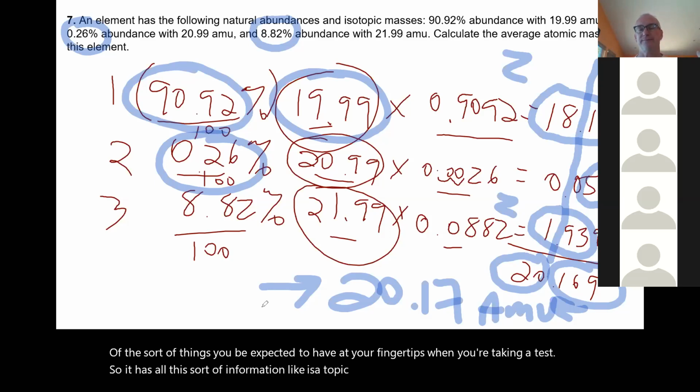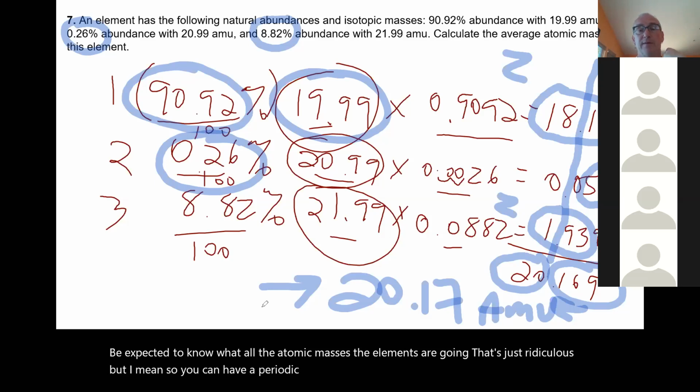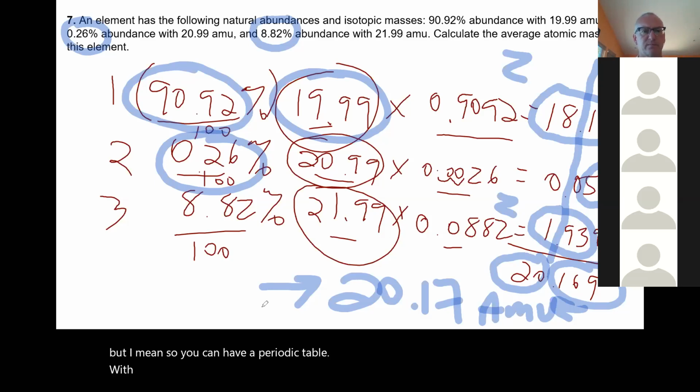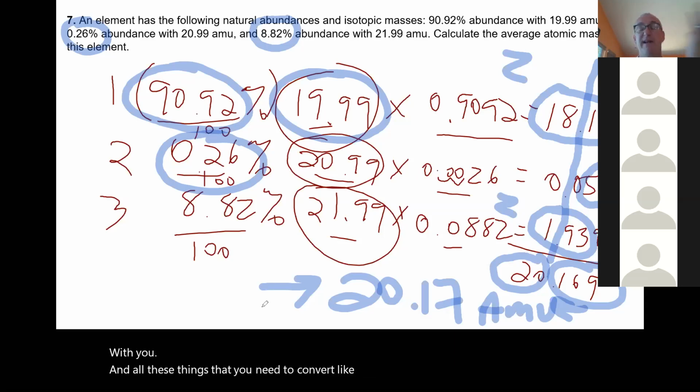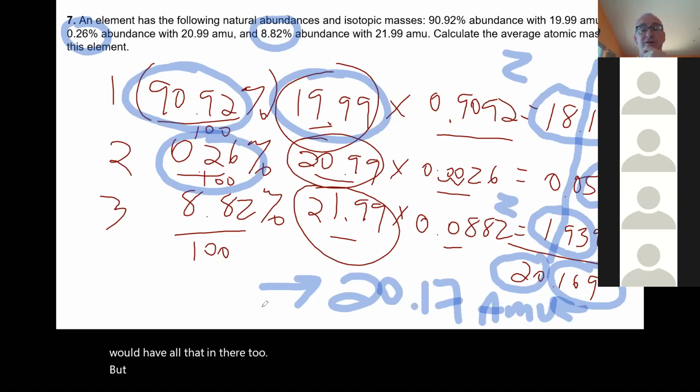Obviously, you're not going to be expected to know what all the atomic masses of the elements are. I mean, that's just ridiculous. So you can have a periodic table with you. And all of these things that you need to convert, like ounces to grams and all that kind of stuff, would have all that in there too. But right now you can just look them up.